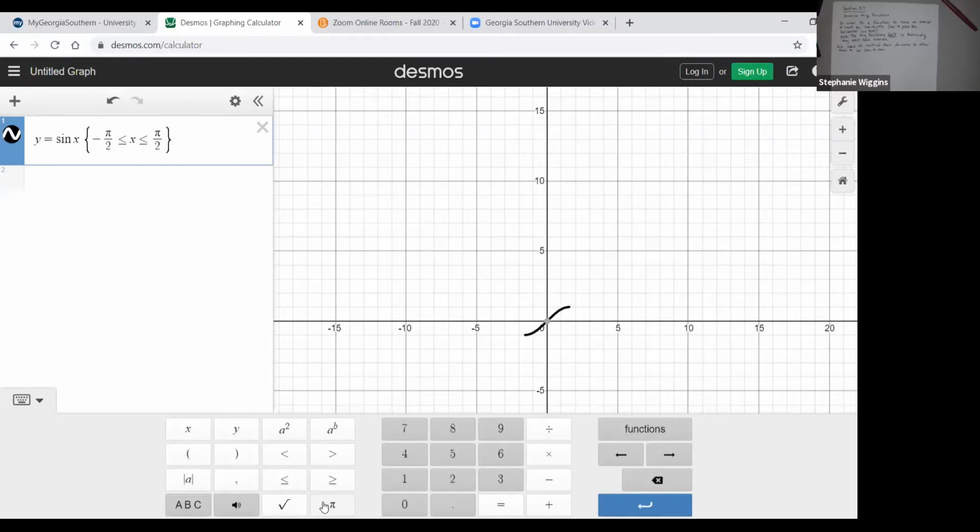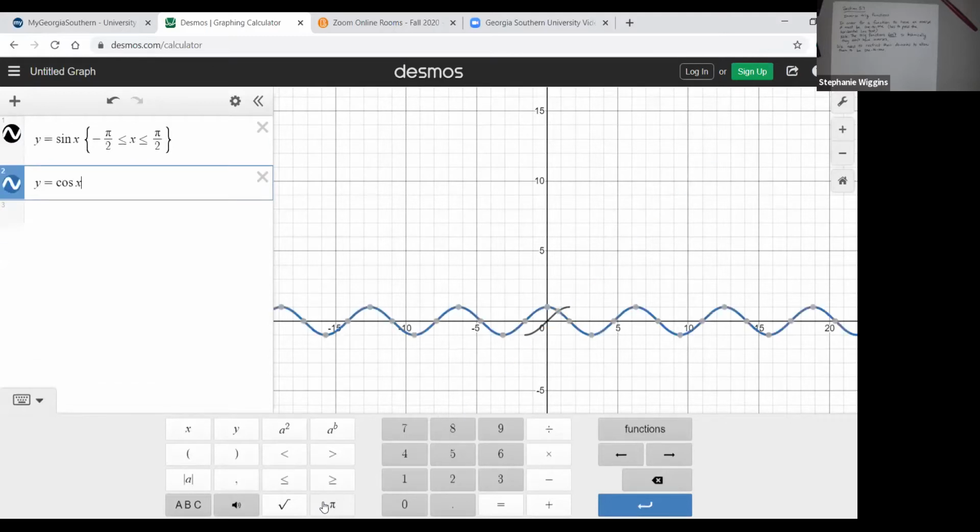And then for cosine, we restrict it from 0 to pi.